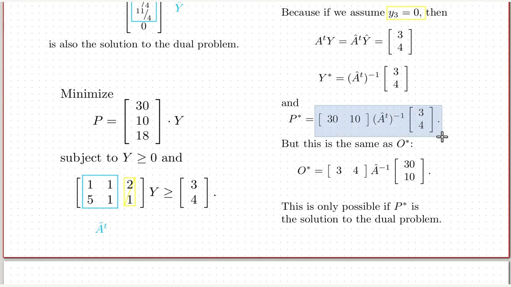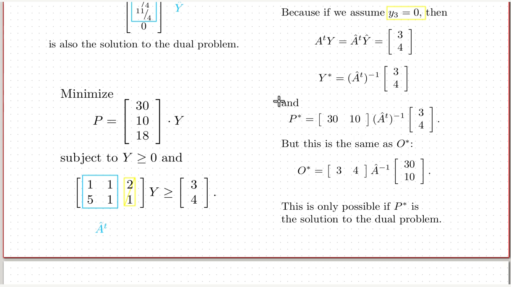When you transpose an expression, the value is the same. In this case, it comes out to be a single number, and if you transpose a single number, it's the same number, right? So, in other words, P star and D star are exactly the same thing. And if you recall, because of the inequalities we saw earlier, in general, the minimum of the one problem is never less than the maximum of the other problem. So the only way they could be equal is if you've actually found the solution to both problems, right?